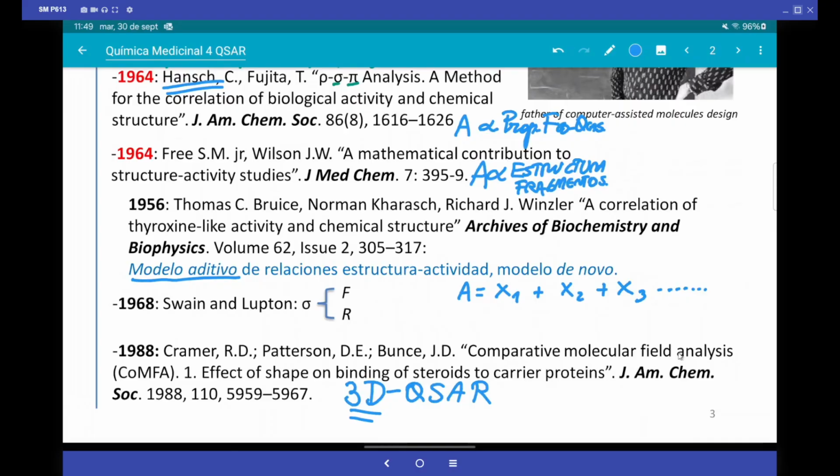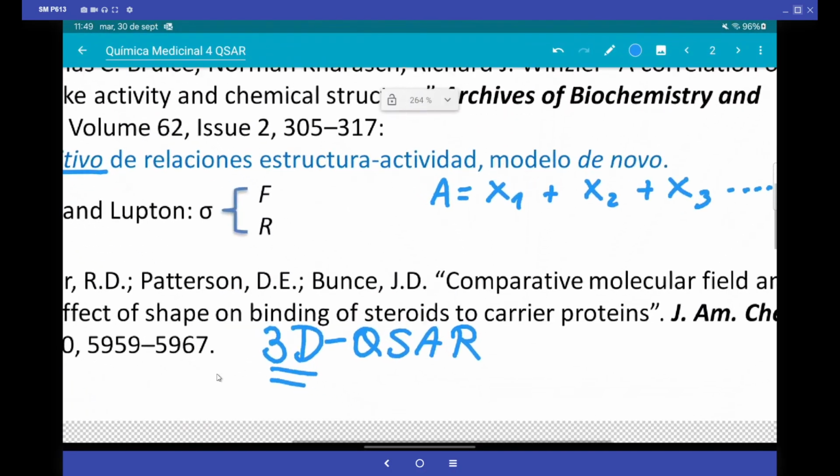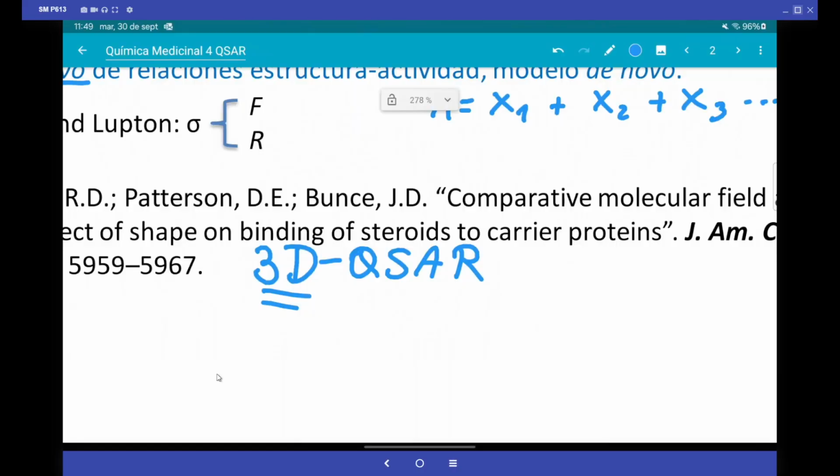It says comparative analysis of molecular fields, CoMFA studies, effect of the shape in the binding to the steroid transport protein. That is, they studied three-dimensional properties. The potentials are correlated with biological activity.